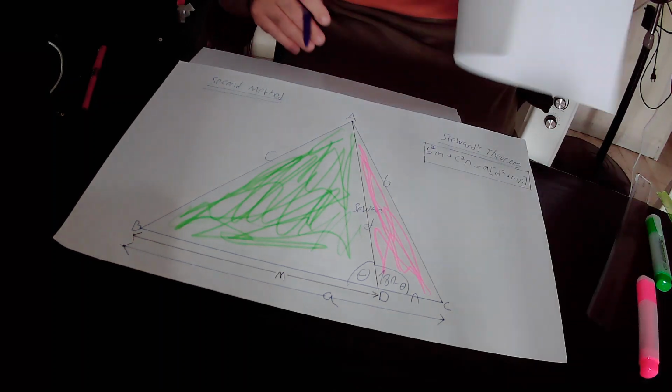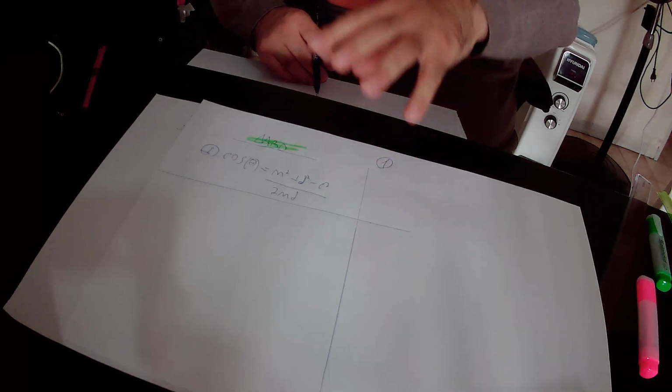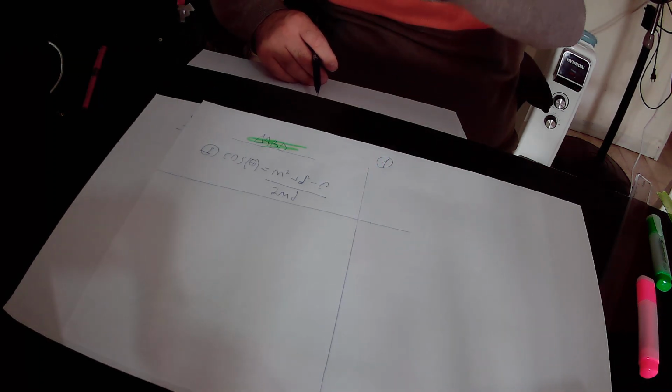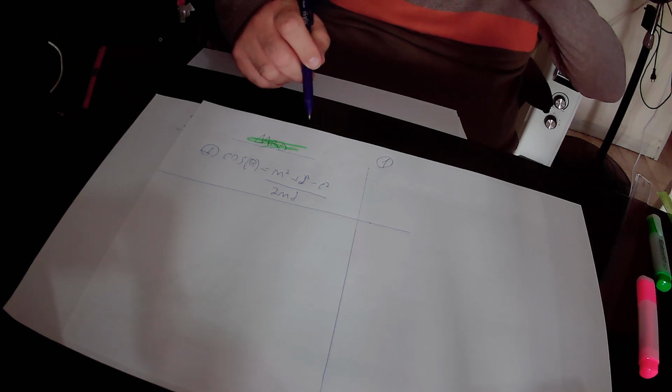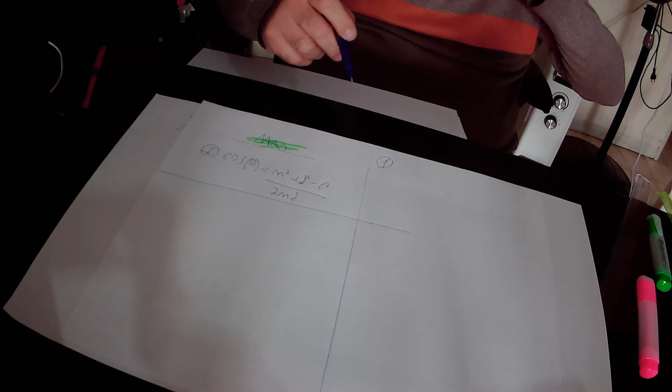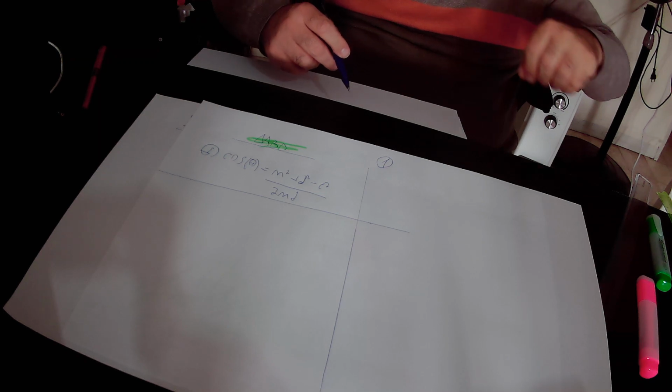Actually, this equation, number 1, is the implementation of the law of cosines in the gray triangle ABD: cosine theta equals m squared plus d squared minus c squared over 2 times m times d.